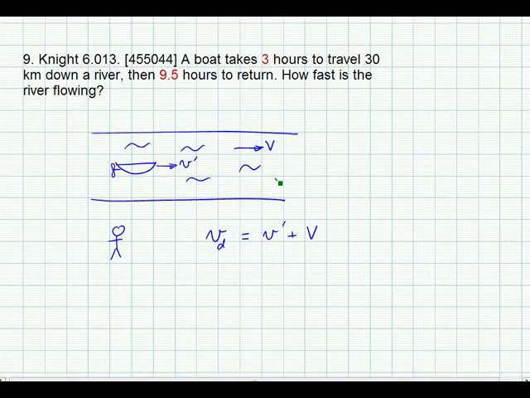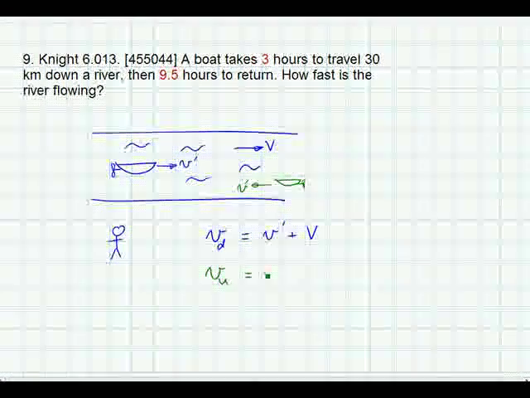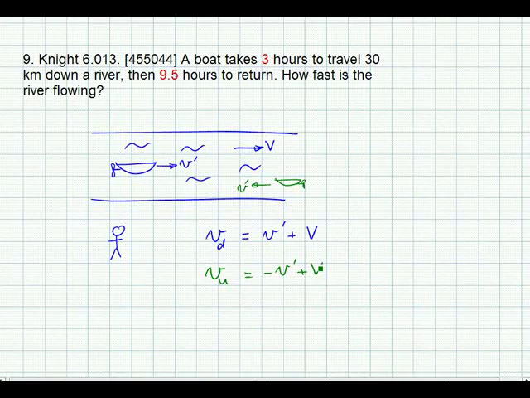And when the boat is traveling upriver, the velocity with respect to water is still v prime, but now the observer sees a velocity upriver which is minus v prime plus V. The plus capital V doesn't change in magnitude nor sign.